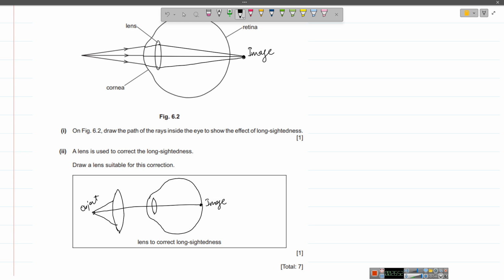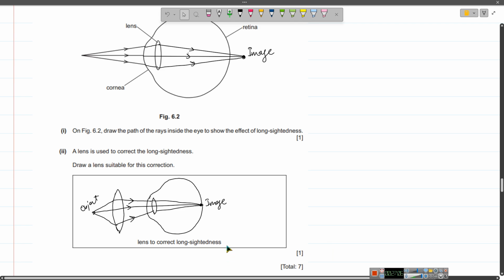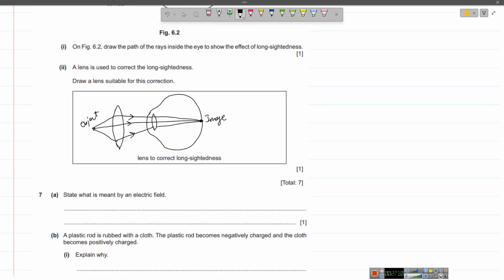So three rays of light get focus at this point. It gets corrected over here. So just draw the arrows. Make sure you have the arrows drawn here as well. So this is how the image will be corrected. You use a converging lens, sorry, a convex lens, or we call it a converging lens.